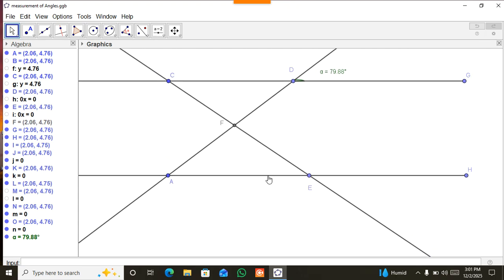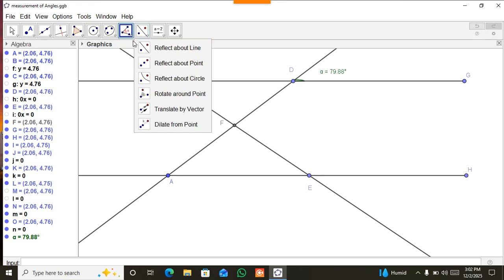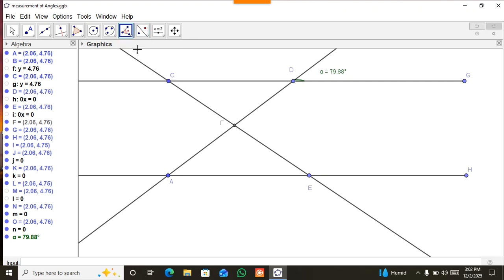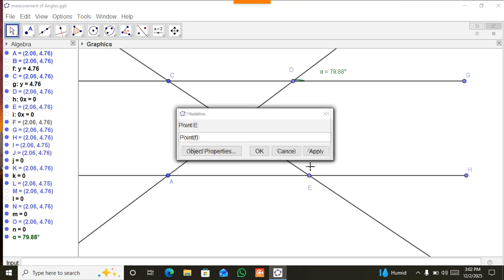Okay. What if I want to measure angle EAF? So meaning that I'll still have to position the cursor on the angle icon, click on angle, then I'm going to select the three points. That's point E, A, F in a clockwise direction.